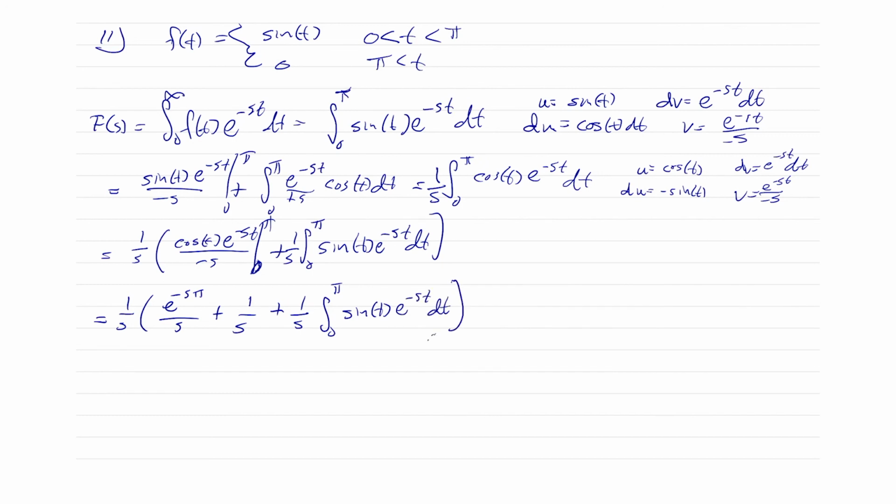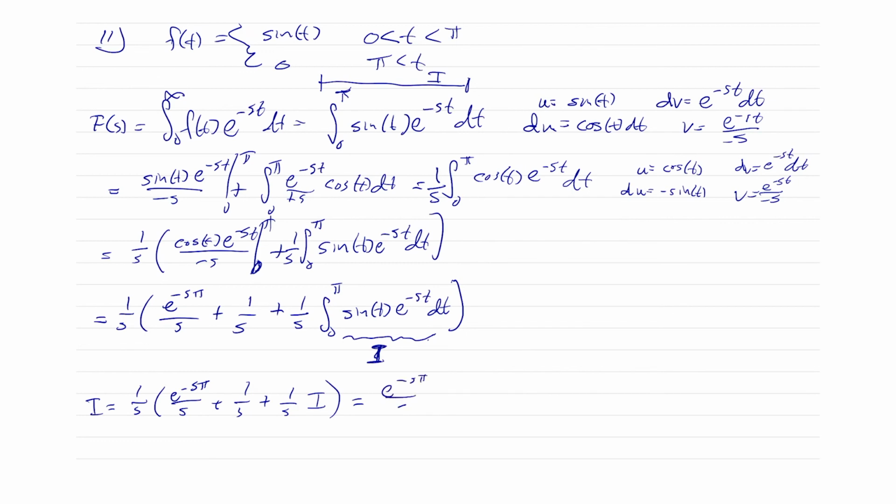All right, so let's just go ahead and call this our integral I, and on the other side, that's what we had here. We had our integral I. So ultimately we have this equation. We have I is equal to 1 over s times e to the minus s pi divided by s, plus 1 over s times 1 over s times I. All right, let's move things around, distribute the 1 over s.